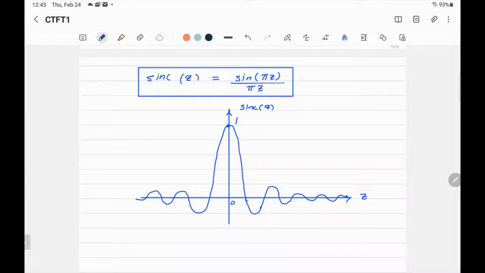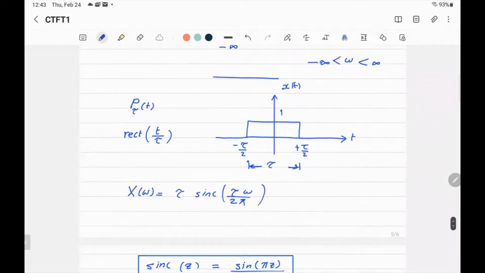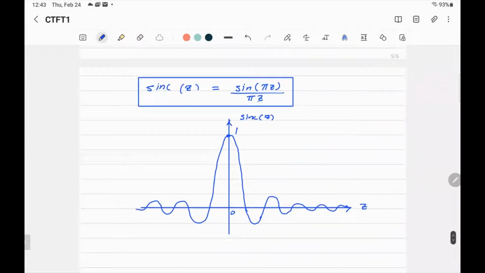So let me just remind you what is happening. That is the Fourier transform of a square wave, a rectangular pulse, limited to an interval. So if we sketch it, that will be the frequency response. What do you observe?